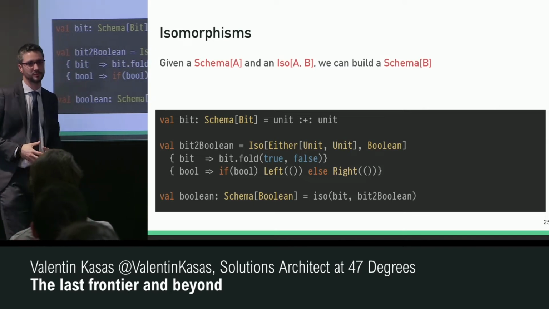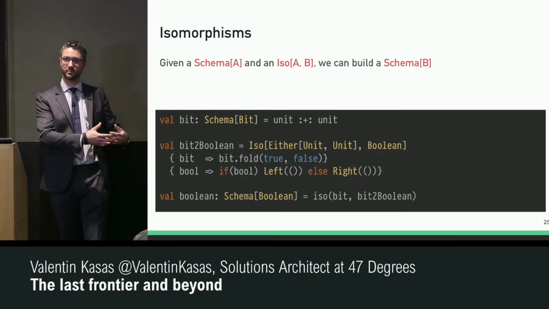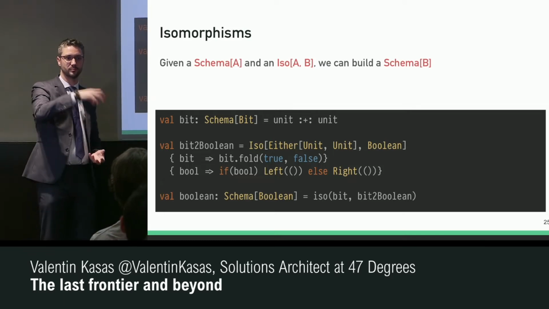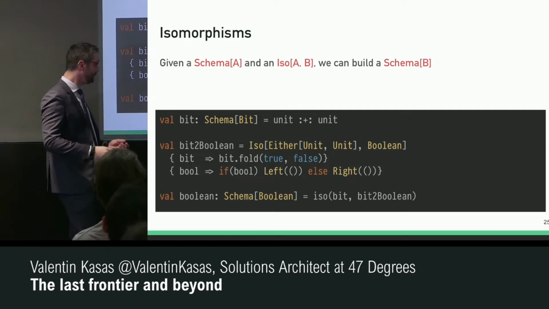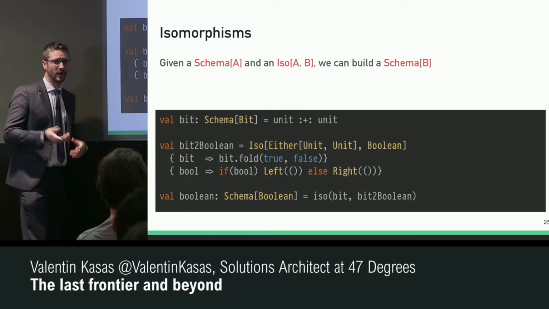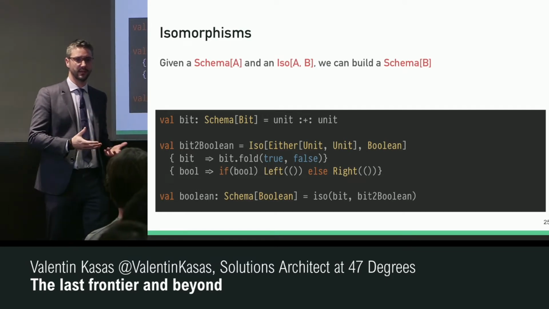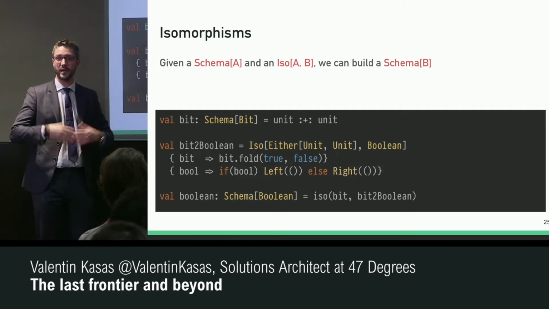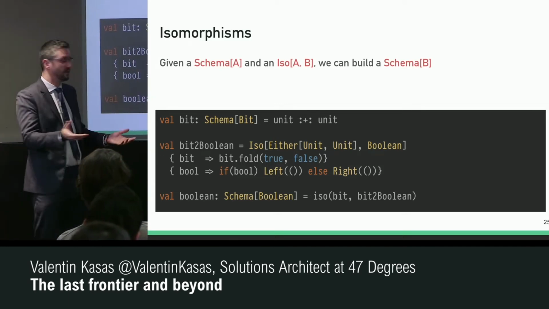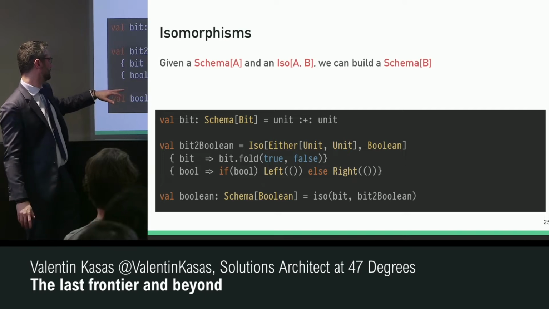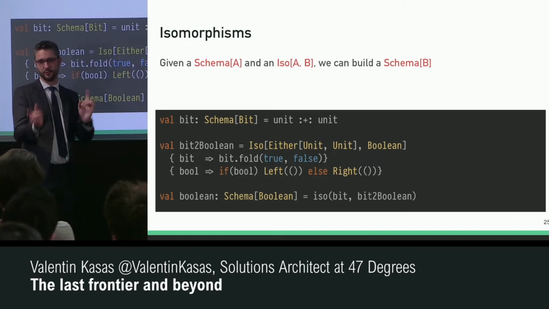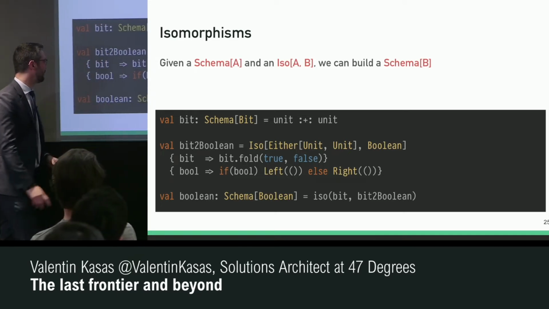And then, if I want the schema for a Boolean, which will be my concrete type, I just have to plug an isomorphism on top of that and say, okay, I will prove to you that, in fact, Boolean is isomorphic to either unit, by providing this isomorphism, and I can choose. So here I've chosen that left would be true and right would be false, but I could, of course, have chosen the other way around.